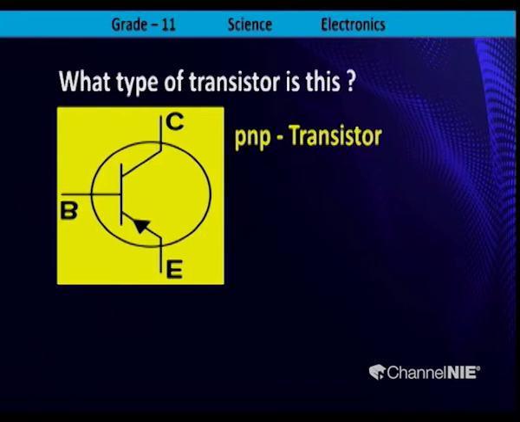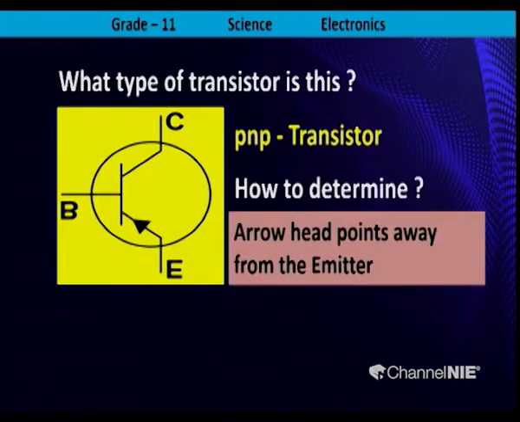Why do we call this a PNP transistor? How to determine that? You can understand, the arrowhead is pointed towards the base or away from the emitter.